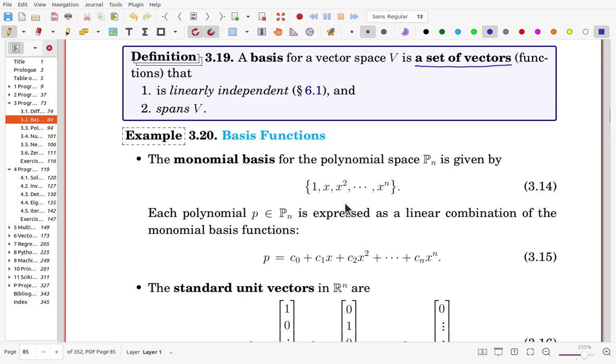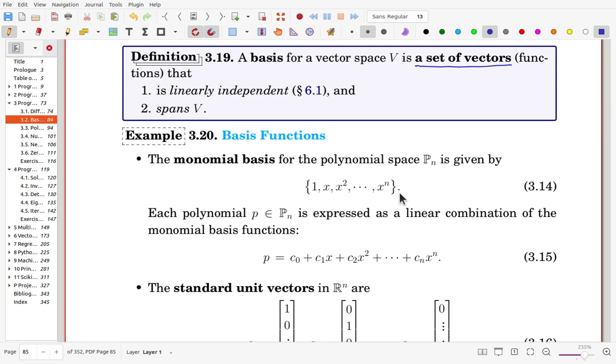And also, you cannot get any entry here, for example x squared, from other entries. That means that x squared cannot be a linear combination of other terms here.